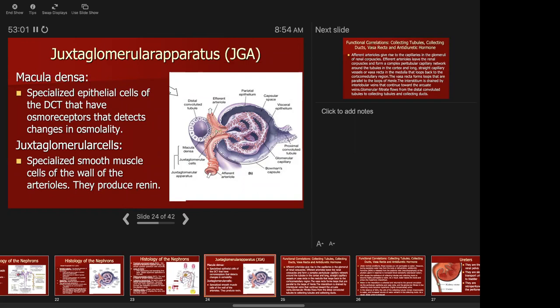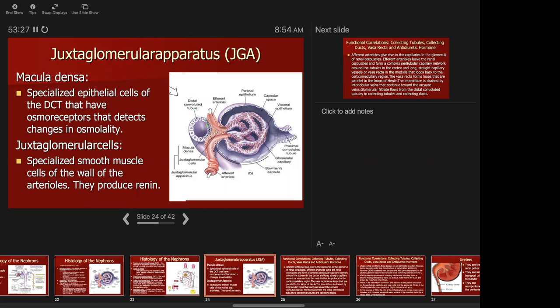The distal tubule is supposed to be draining urine from the loop of Henle to be precise. It is touching this group of cells here, and the cell of the distal tubule that touches this juxtaglomerular apparatus is called macula densa.